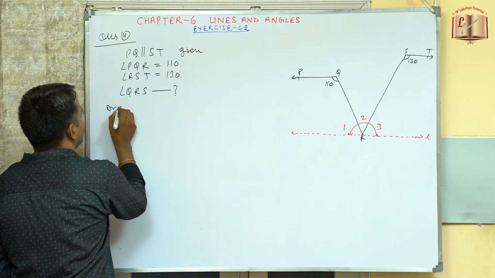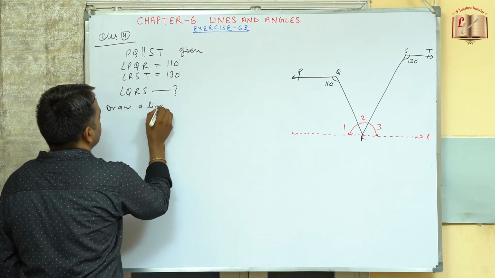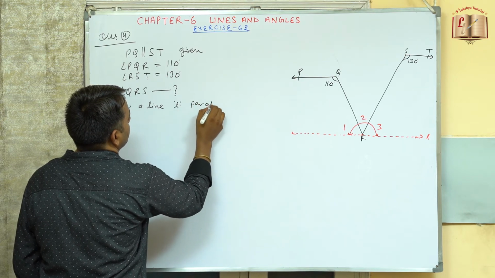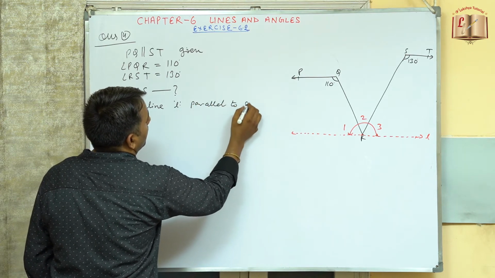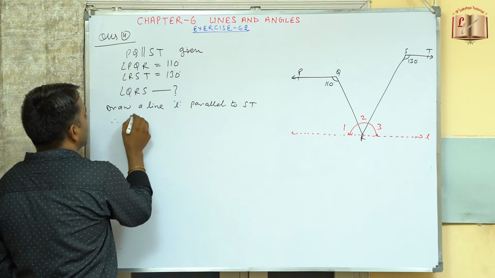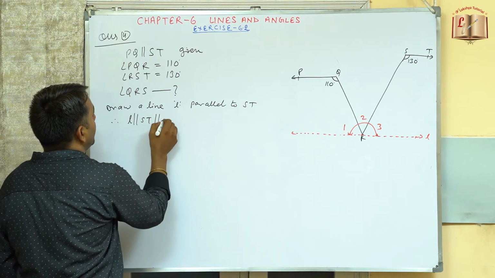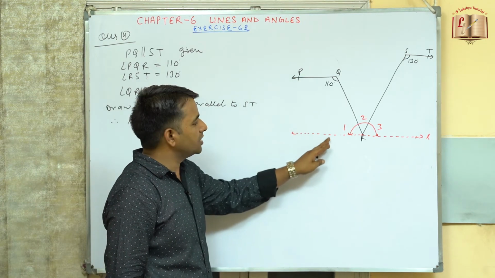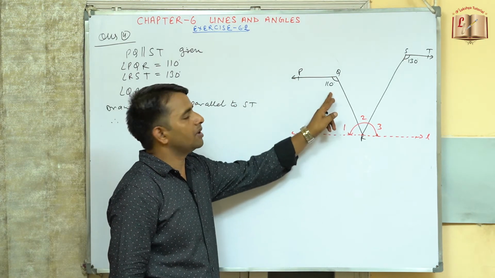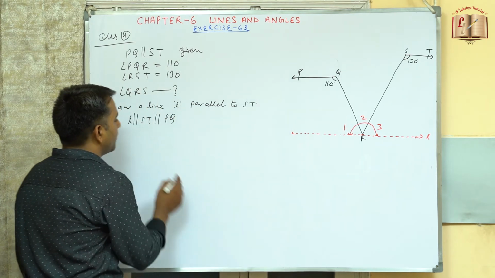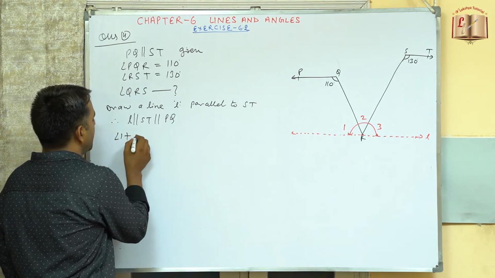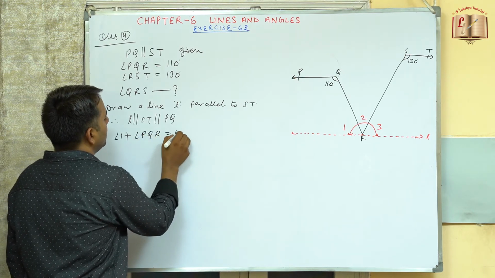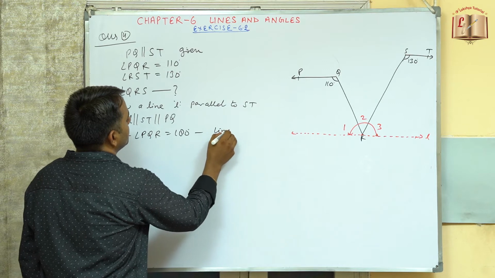So we draw a line L parallel to ST. Therefore we got L parallel to ST parallel to PQ. Now this line is parallel to this line, so sum of interior angles will be equal to 180 degree. So angle 1 plus angle PQR will be equal to 180 degree. So this is a linear pair.